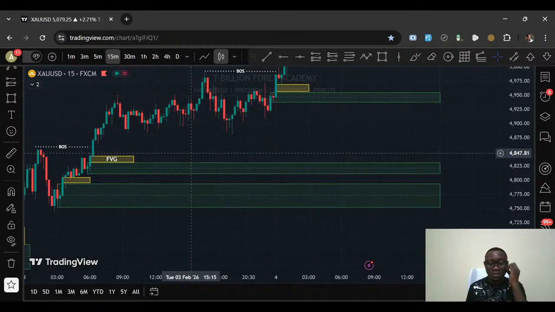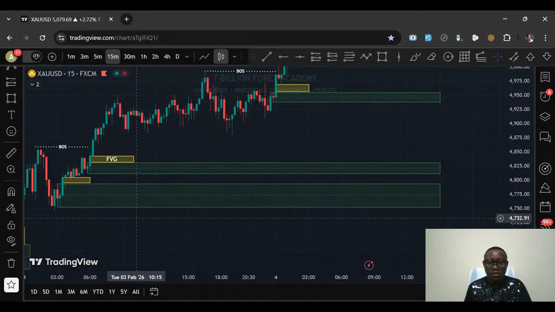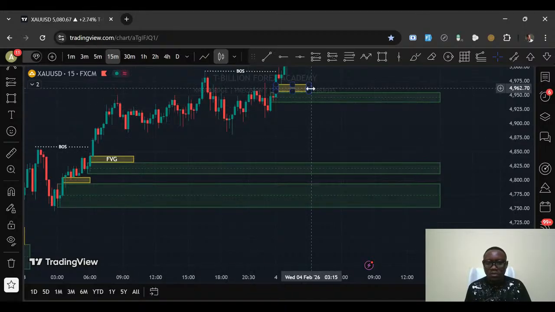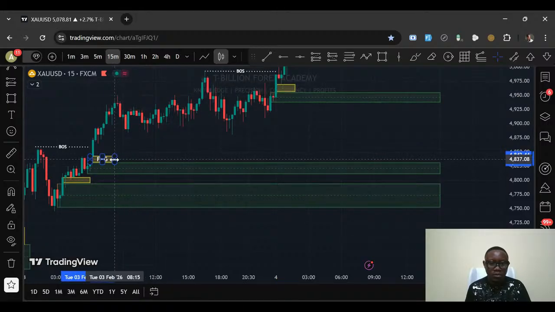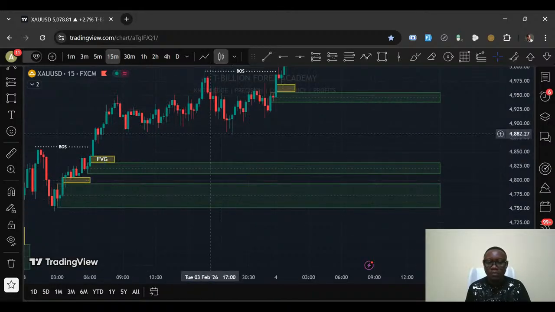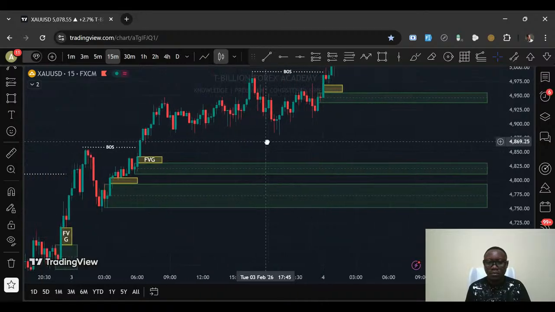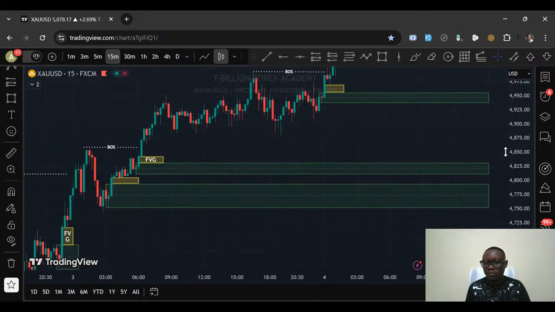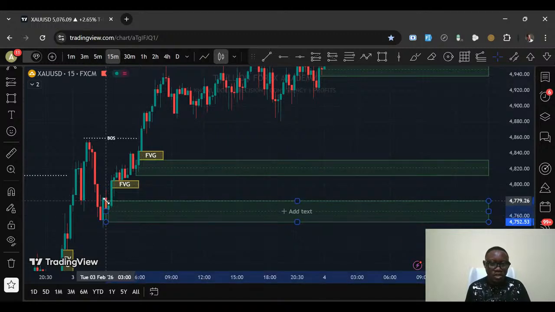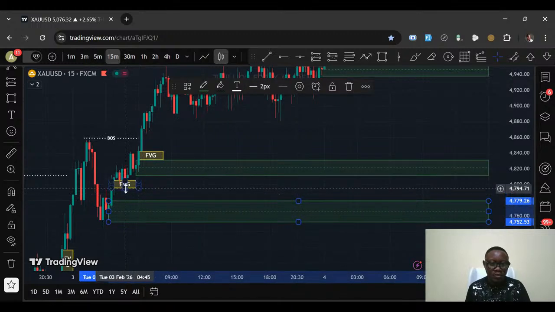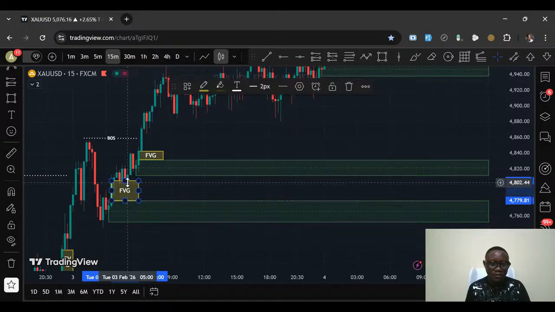All right. So let's reduce this. Reduce this as well. And for this zone, we can refine further to this candle and bring our FVG right here.